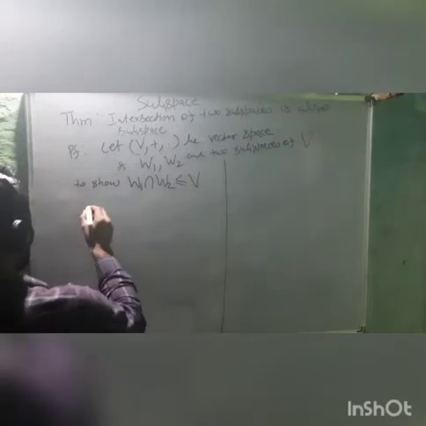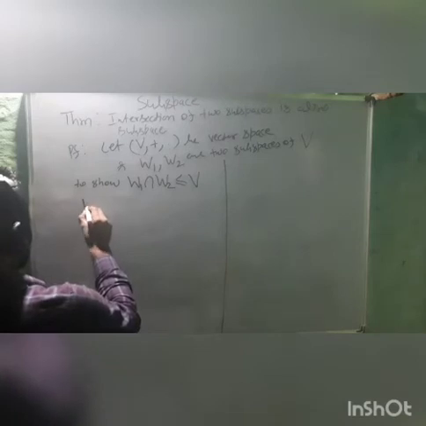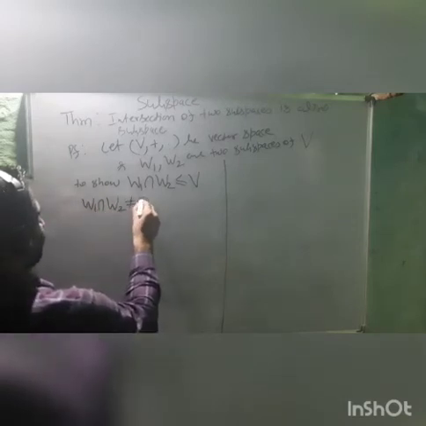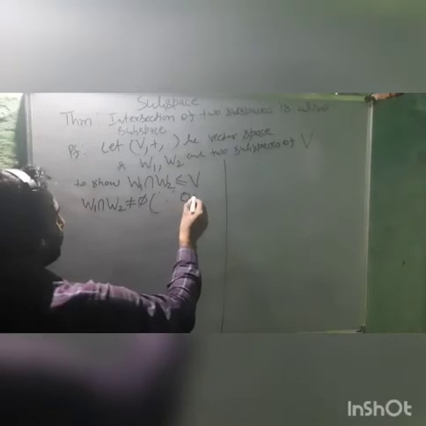This is very much clear that this is non-empty. Why so? I am writing W1 intersection W2 is non-empty because 0 belongs to W1.